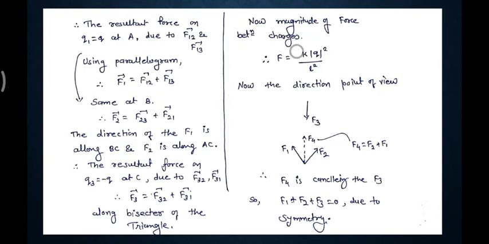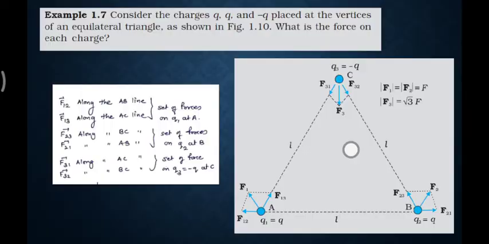Now the magnitude of the force between those charges. Whether it is an attracting or repulsing force is okay, but how much? As per Coulomb's law, the two charges are multiplied, divided by the square of the distance between them, and multiplied by k.